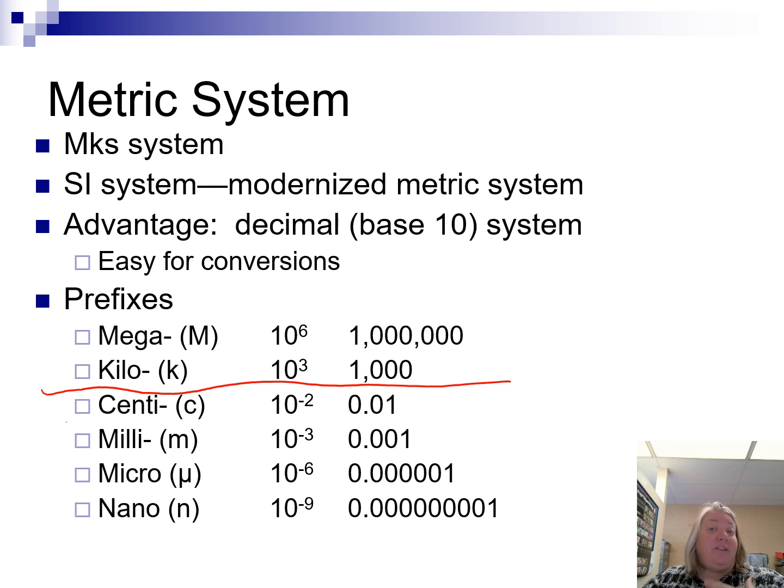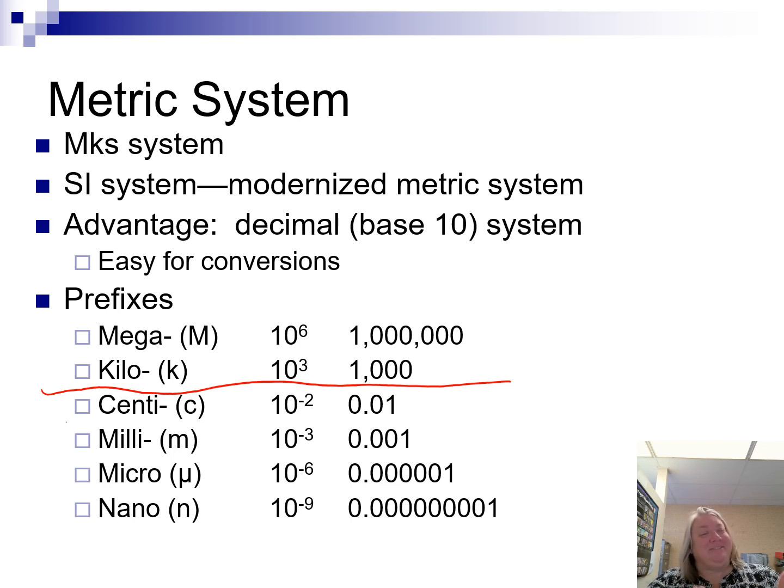Now, we deal a little bit with mega when we deal with megabytes. So if we're talking about the memory of a flash drive, back in many years ago, when we had our floppy disk, not the soft floppy ones, but the hard disk, those had a memory of 3.44 megabytes.